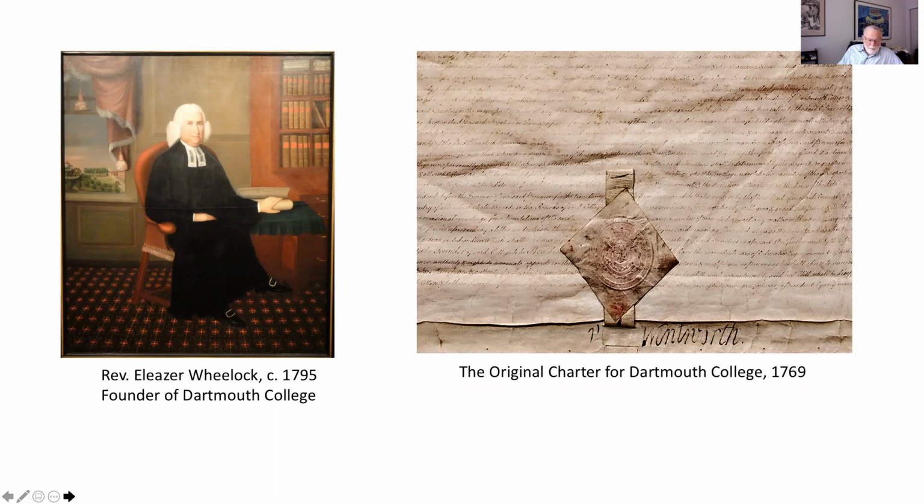The charter named Wheelock president for life with the right to name his successor. The charter also created a 12-person board of trustees to oversee the college and its operations. Wheelock was allowed to appoint the initial members, but after that, they had the right to fill their own vacancy. So if any vacancy came up, the remaining members of the board would pick who would take the place of the departing or deceased member.